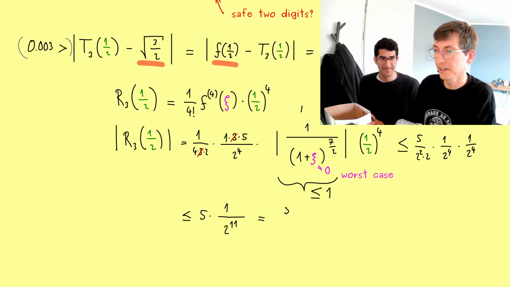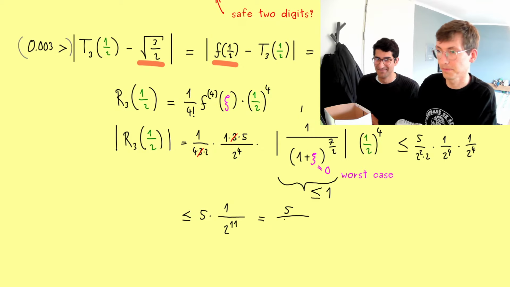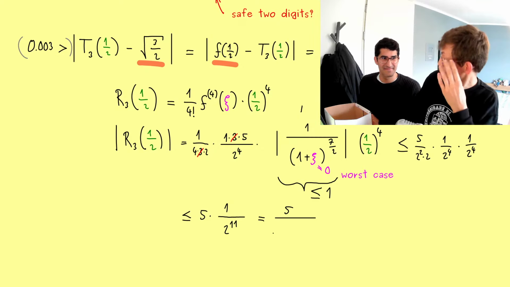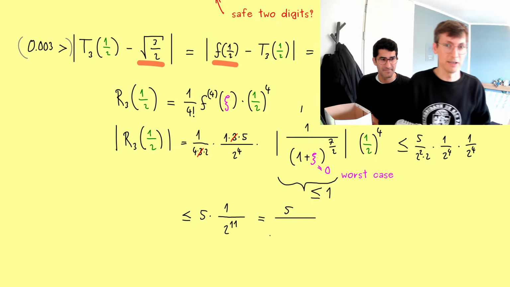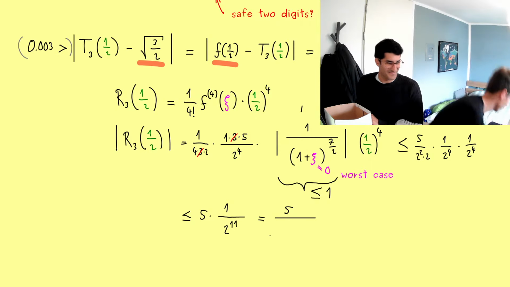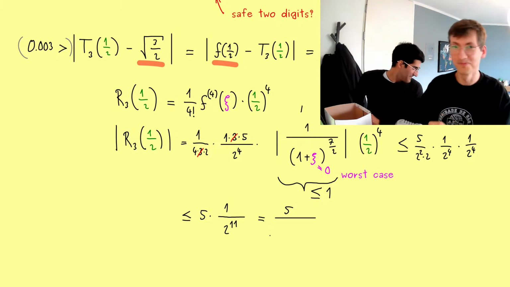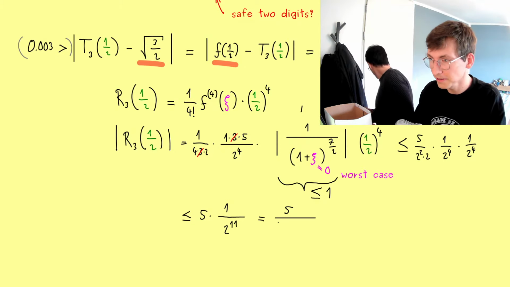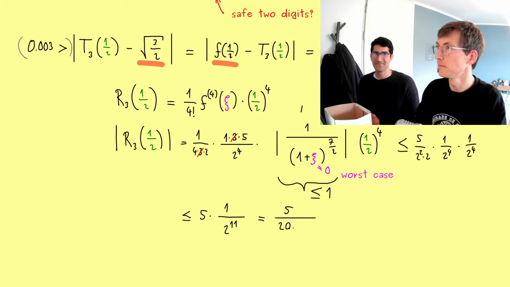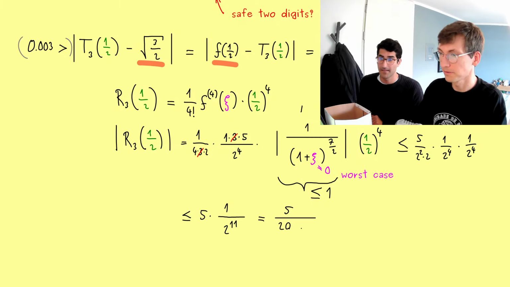We have 5 divided by a big number, because we have 2 to the power 11. So this is about 2000. What do we have? 2048.